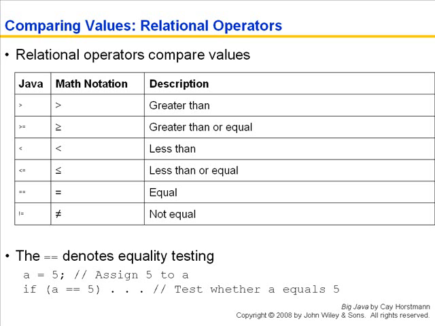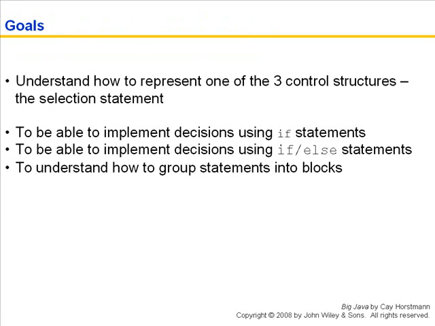That's really pretty much it. We'll see there are a few complexities that come up, but basically we can use an if statement: if some condition is true, execute a statement. We use the block statement if we want to execute more than one thing if the condition is true. And the if-else.